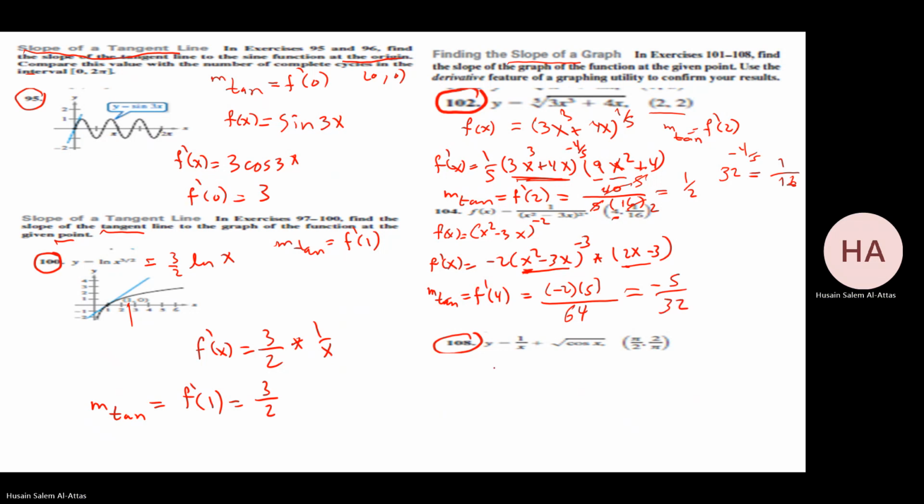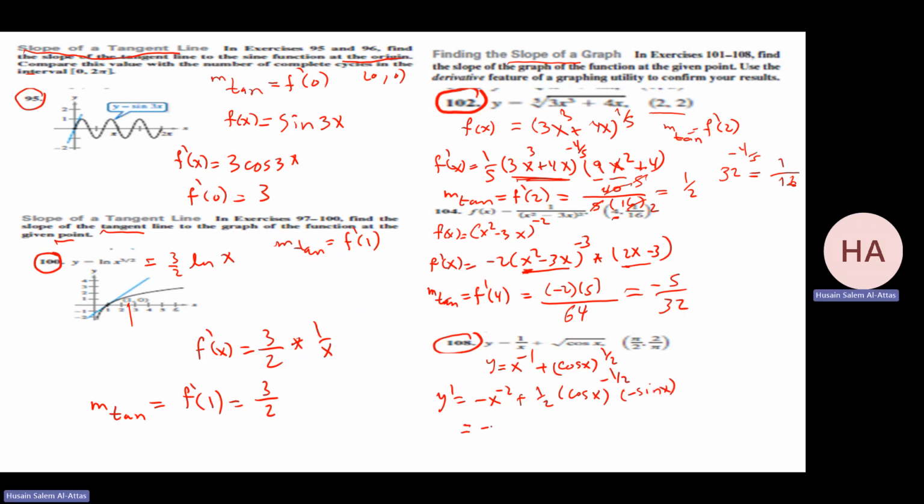So that will be minus 5 over 32. This one, y will be equal to x minus 1 plus cosine x to the power half. What will be y prime? Minus x minus 2 plus half cosine x to the power minus half times minus sine x.